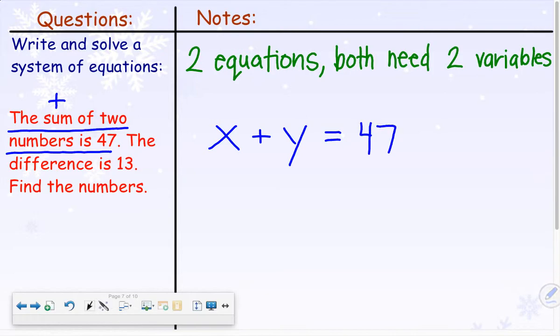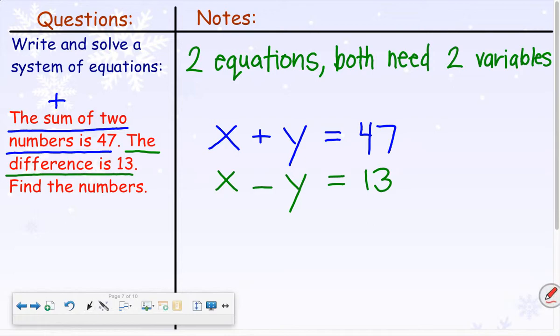All right, so we have our first equation. Second equation, the difference is 13. So first of all, I know that difference means subtraction, and is 13, so equals 13. So now really all I'm doing is I'm subtracting these two numbers. So x minus y equals 13.